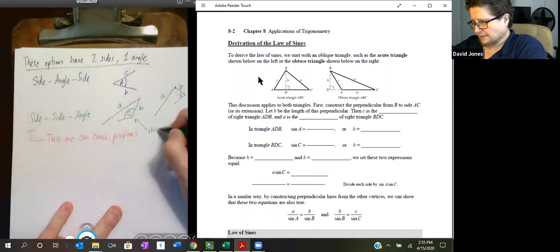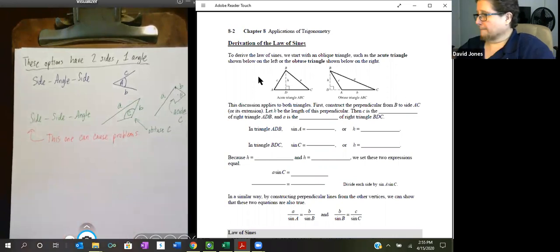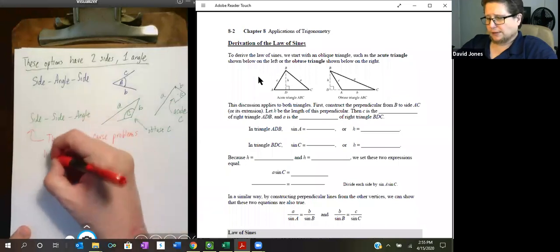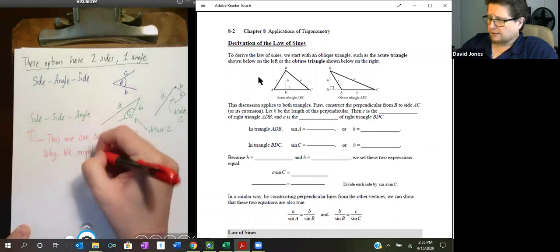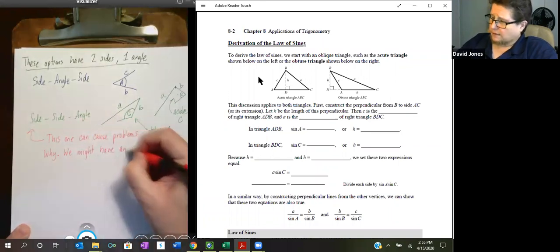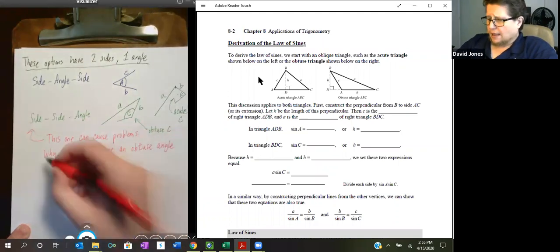Obtuse C, acute C. Or they might both be acute, but one of the angles might be obtuse, and not know it.